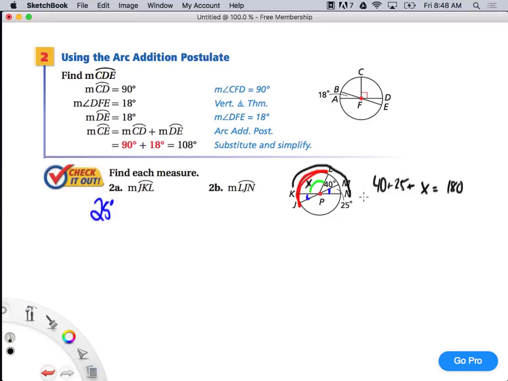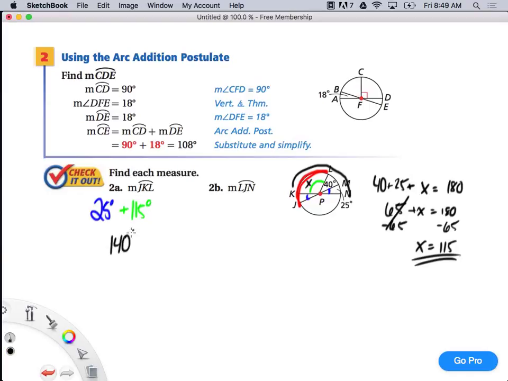That's half a circle. So this is 65 plus x equals 180. I subtract 65, and I get x equals 115. So that green angle here is 115.